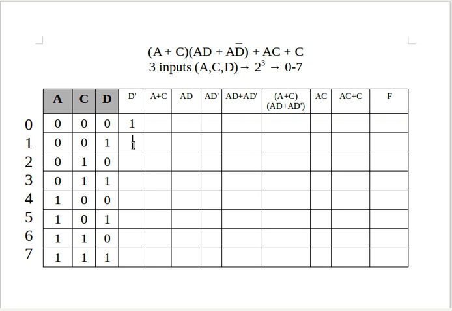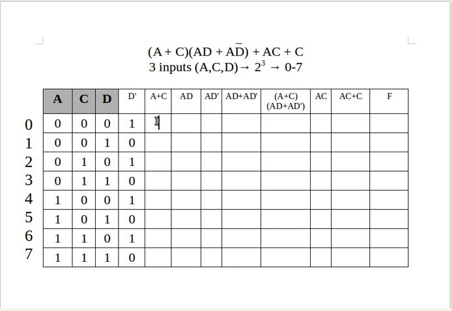D prime is 1, 0, 1, 0. I'm going to find what? The complement of D. This is D, and I found here the complement of it. And this, remember, those are all the possibilities for my 3 inputs.